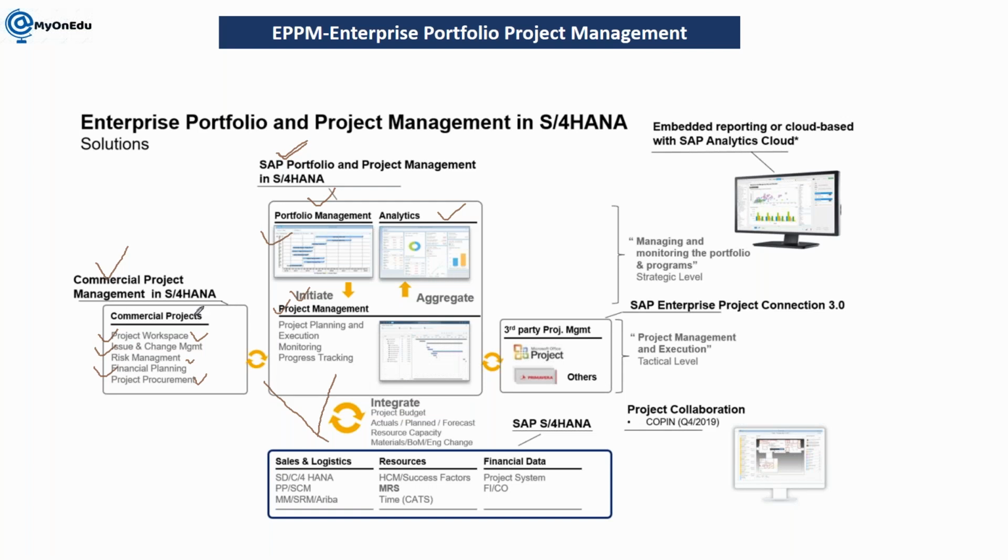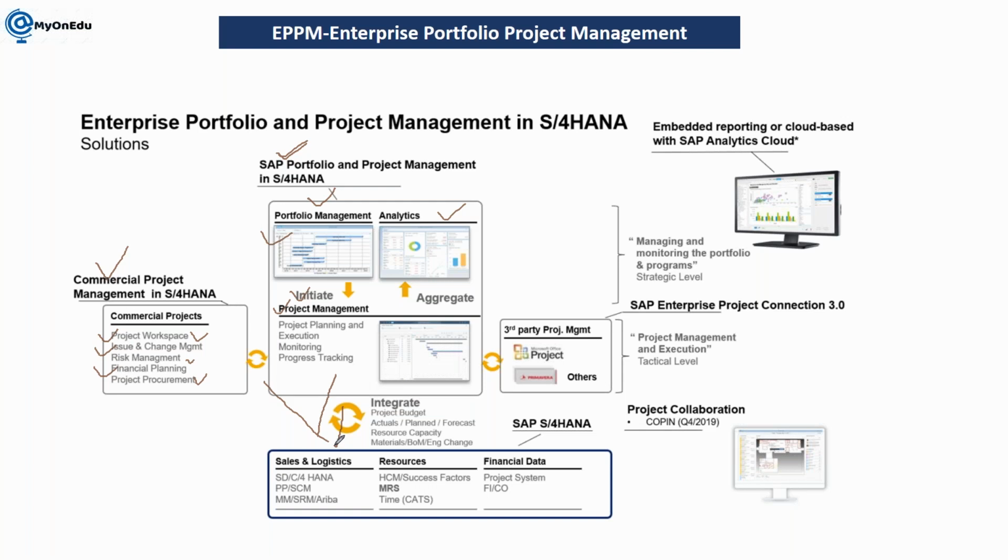So PPM, CPM and project system are your core. Before S/4HANA, project system was delivered by default with the core system. If you purchased ECC, PS came automatically in your ECC system. But when we asked separately for PPM or CPM, the license was different, the services were different, everything was different.